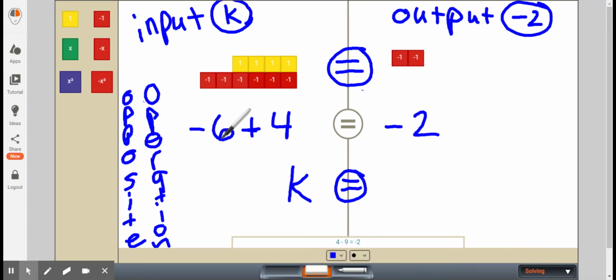So we've got -6 and +4 on the left side. Okay, so we took the variable out and we put a real number in there.